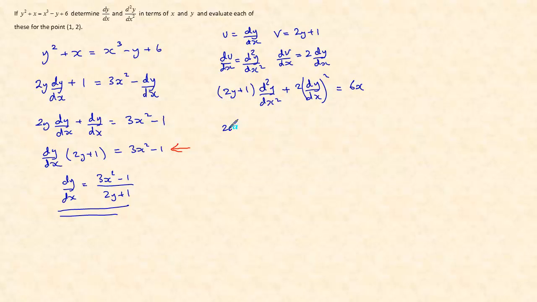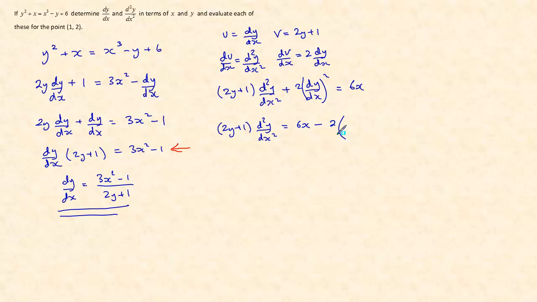So we have (2y plus 1) d²y/dx² is equal to 6x, take away 2 (dy/dx) all squared.